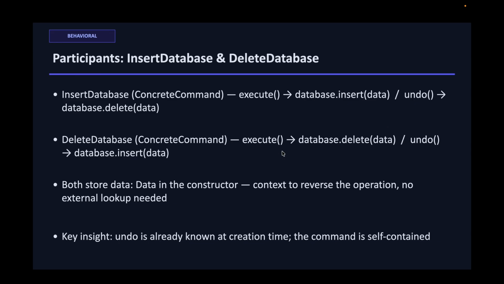The inverse operation already knows this at construction time. The delete database is the mirror image, it's the reverse. So the execute will call the delete from the database, and the undo call will perform the insert.